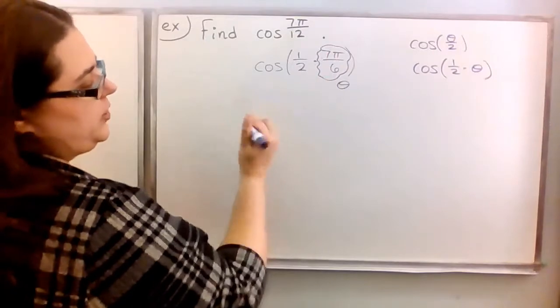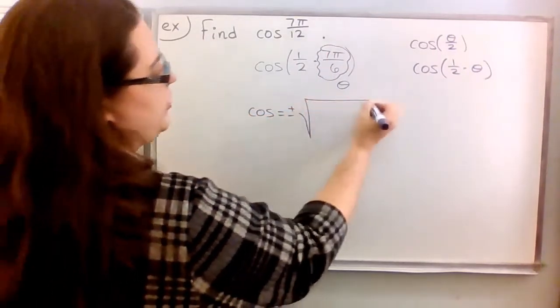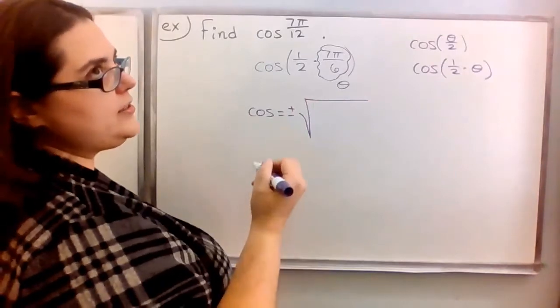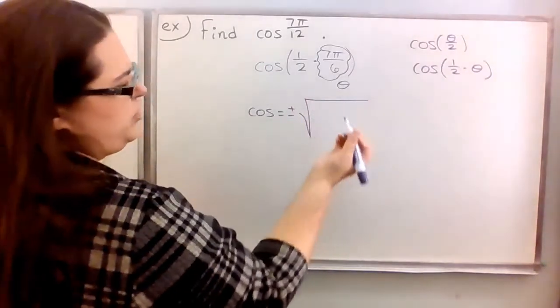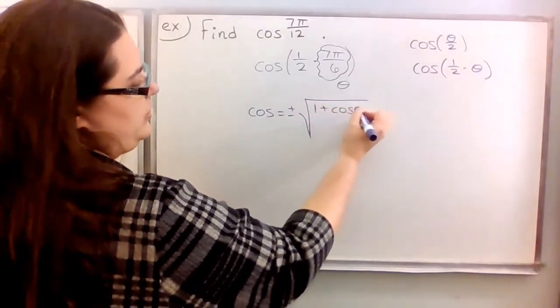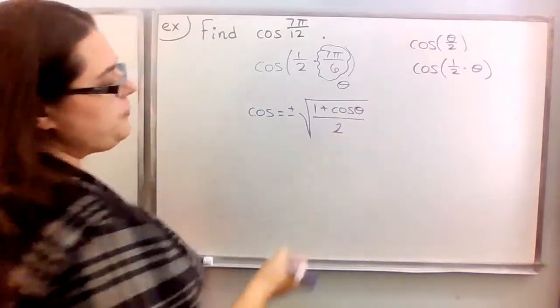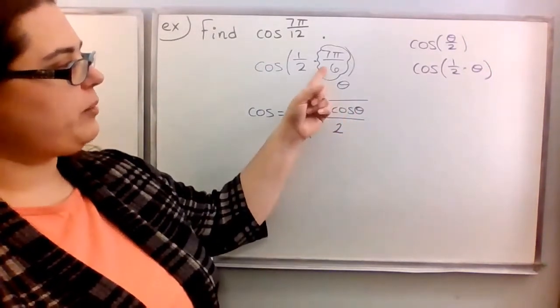So the half angle formula for cosine is going to be plus or minus the square root. Now sine is subtract, so cosine's got to be add. So we're going to add 1 plus cosine of theta over 2. And then here we've got 7 pi over 6.